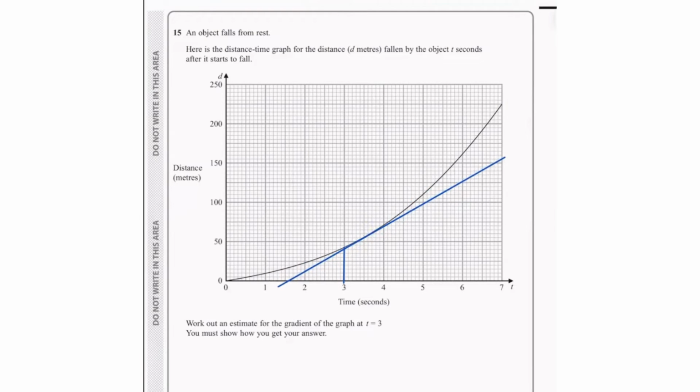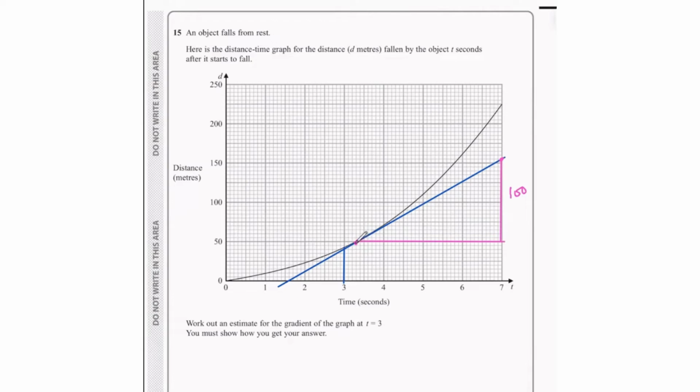This is our line. So to find the gradient, I will use rise over run again. And I will make sure to pick whole numbers. So we can pick this point over here. And I'm going to pick this point over here. So my rise is 100 because we do 150 minus 50.